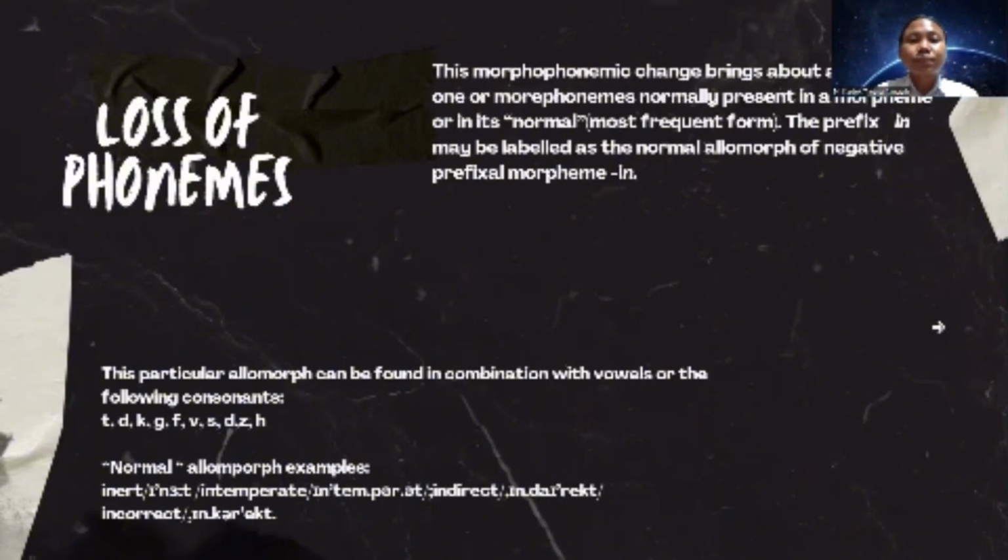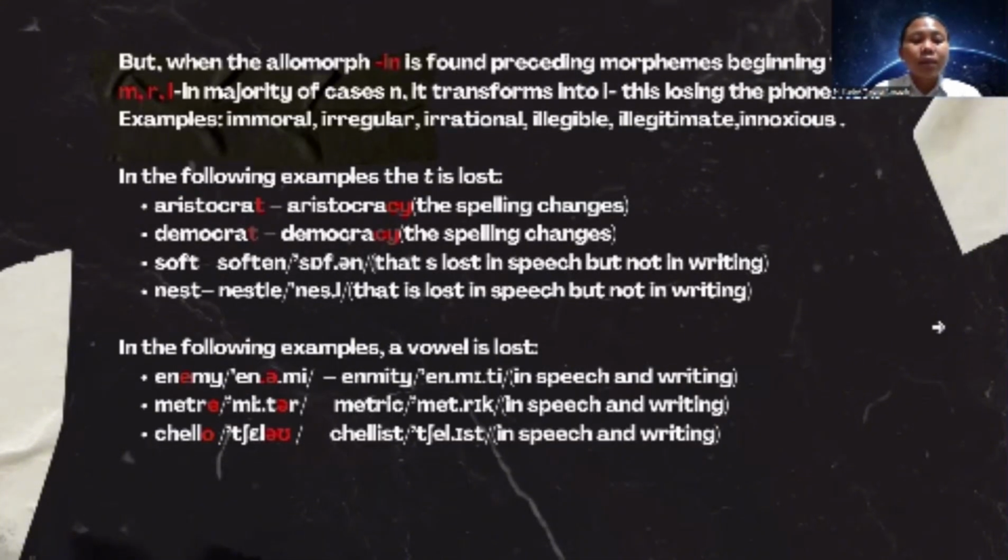But when the allomorph in is found preceding morphemes beginning with M, R, L, in the majority of cases, it transforms into i, thus losing a phoneme.